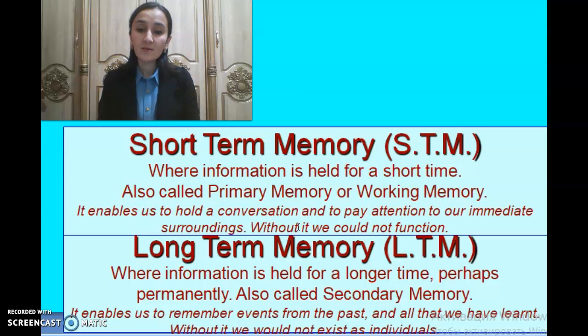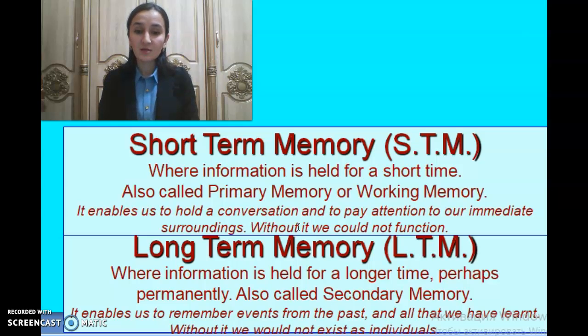In long-term memory, as is obvious from its name, information is stored for a long time, maybe permanently, and it is also called secondary memory. So as you see, short-term memory is called primary memory, and long-term memory is called secondary memory. It enables us to remember events from the past and all that we have learned. Without it, we wouldn't exist as individuals.